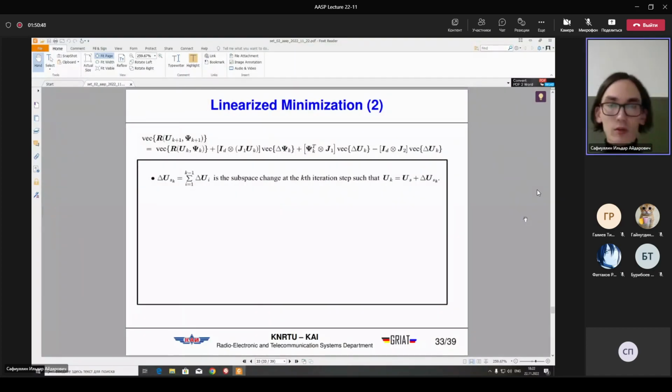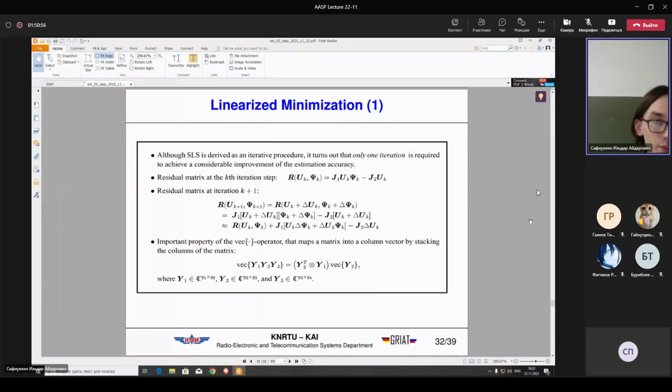So let's maybe first denote what we have for residual.